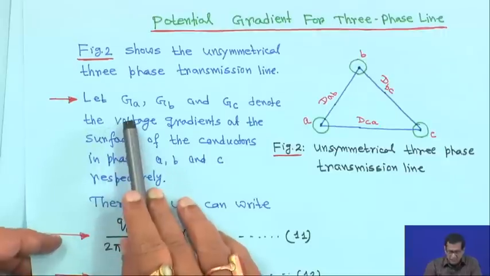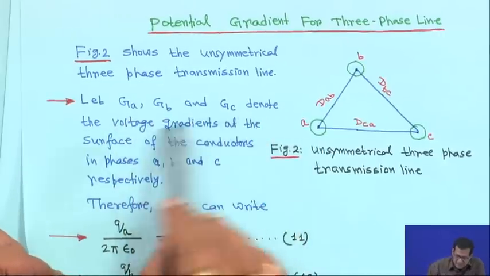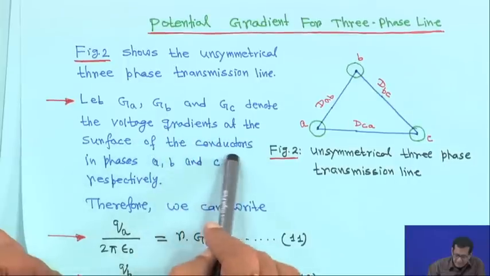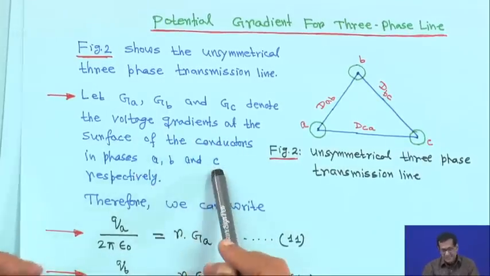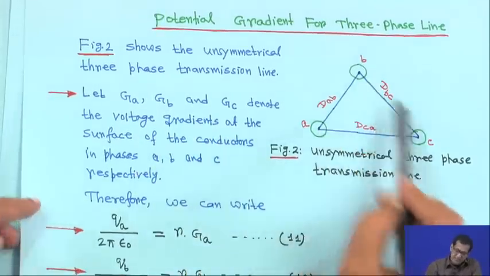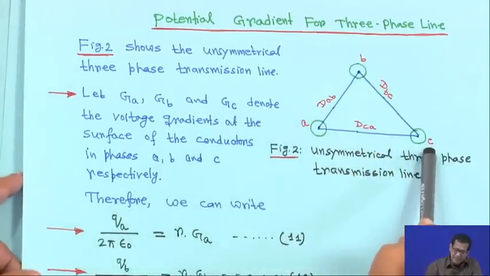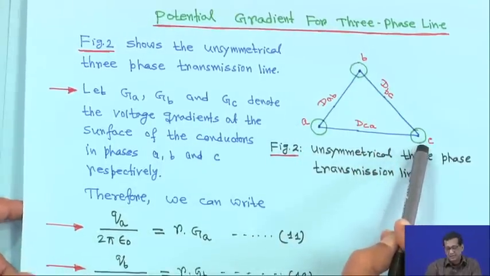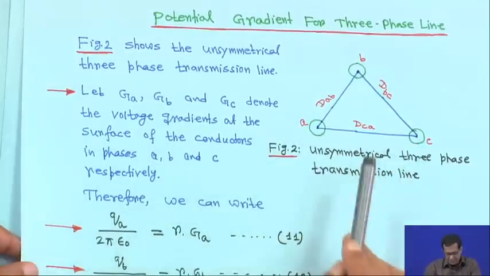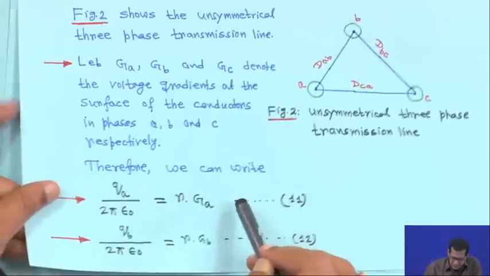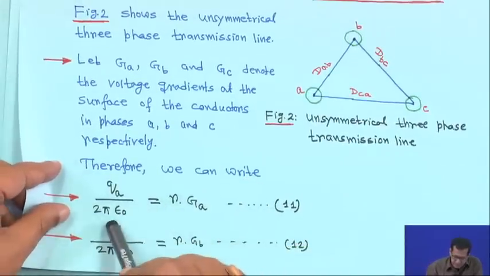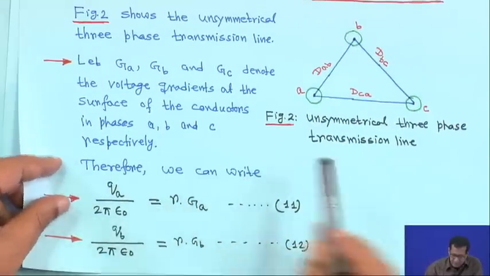Now you assume that GA, GB and GC denote the voltage gradients at the surface of the conductors in phases A, B and C. So GA, GB, GC are the potential gradients of the conductors A, B, C, right. Therefore, we can write QA upon 2 pi epsilon 0 is equal to R into GA.